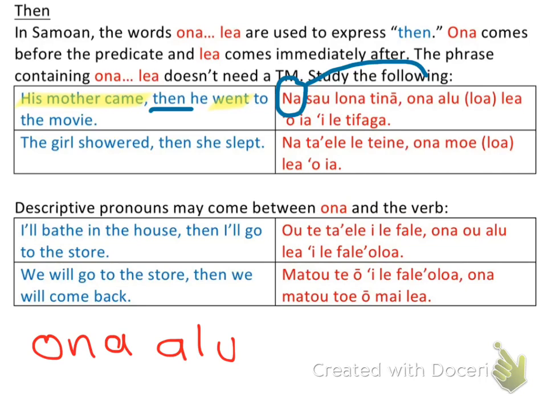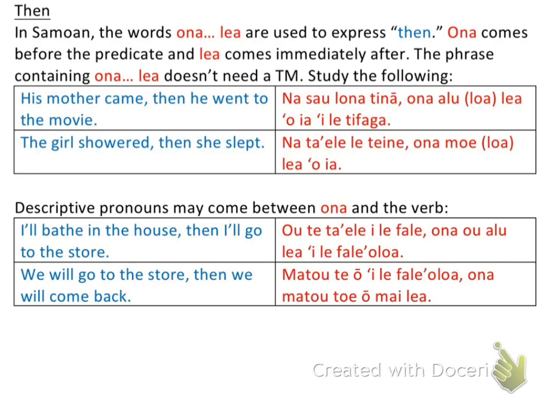And that's kind of one of the harder parts about this video is you don't need a tense marker in the then part of the sentence, okay? So let's get rid of that. Actually, I'll highlight or underline that again. And I'll start off with ona, and I'll put my predicate right after the ona. And if I wanted to, I could put a loa right here, like going immediately.